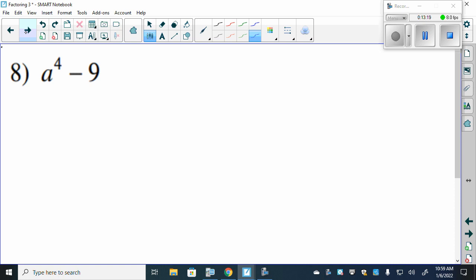a to the 4th minus 9. Are these perfect squares? Is 9 a perfect square? Yeah, because we can say 9 is 3 times 3, or 3 squared. a to the 4th, is it a perfect square?